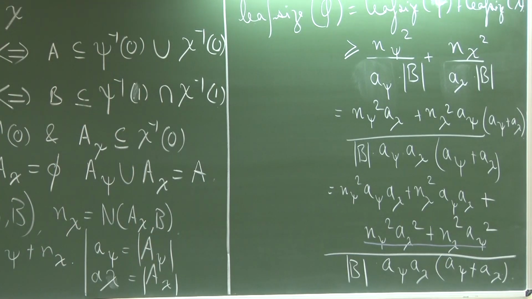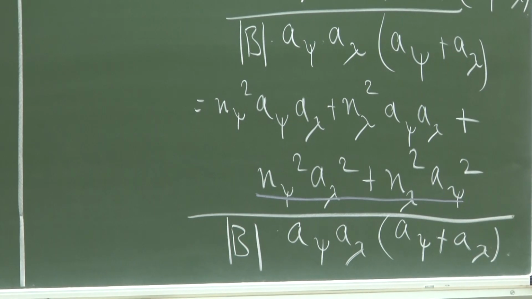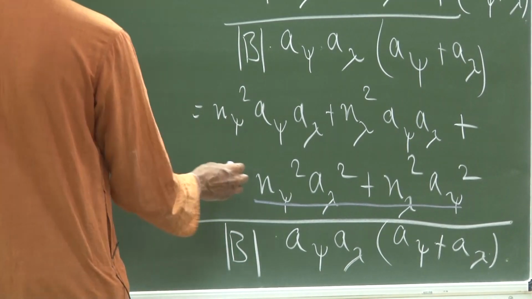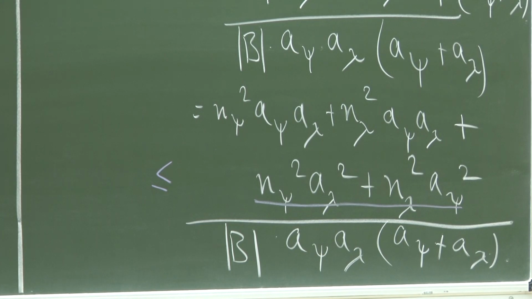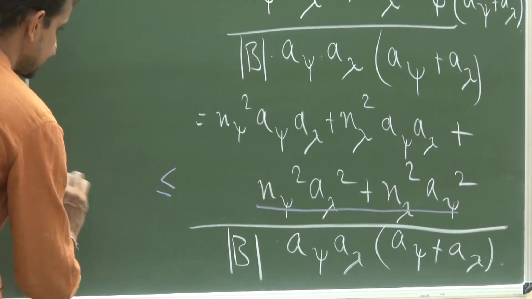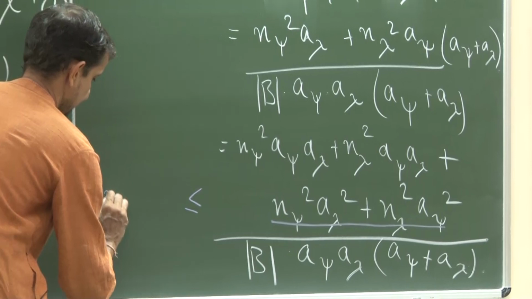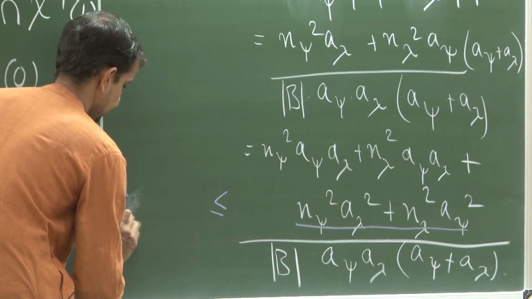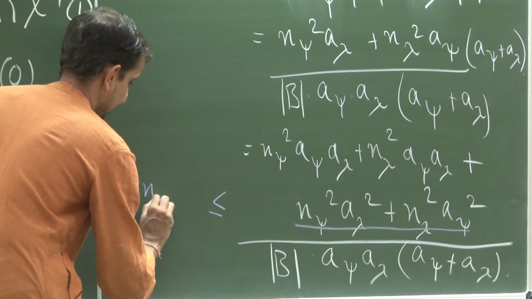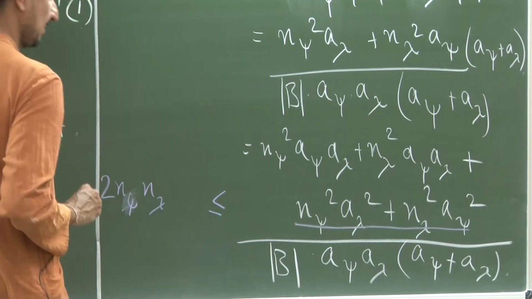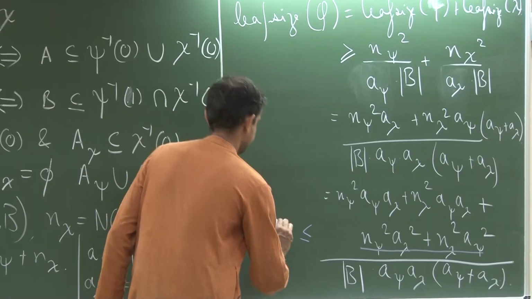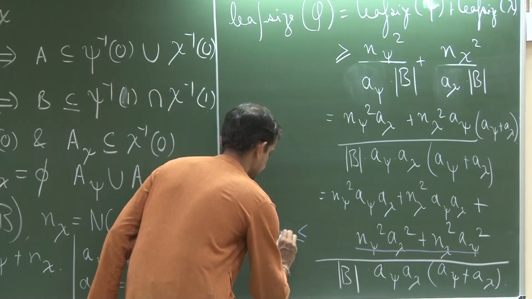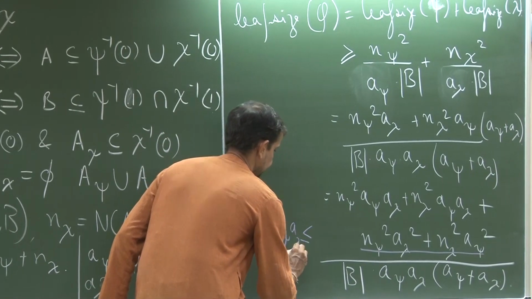So, what we can say is that this term is actually greater than or equal to twice n_psi n_chi a_psi a_chi.